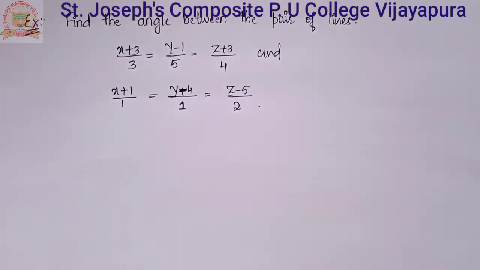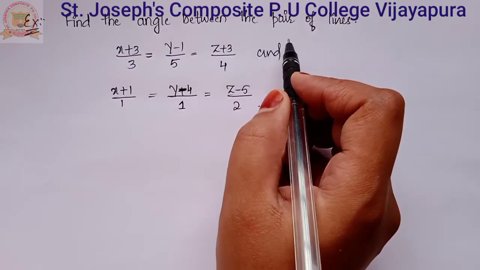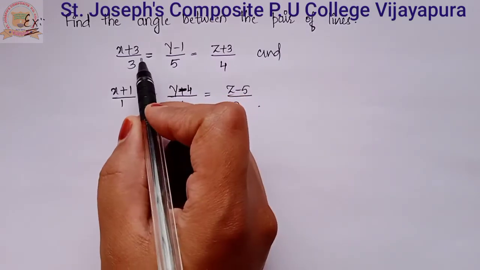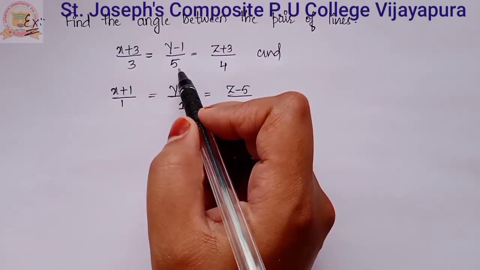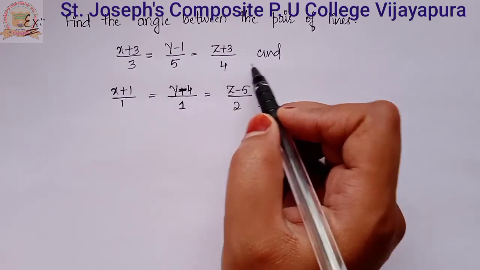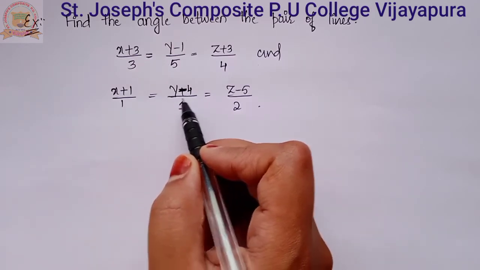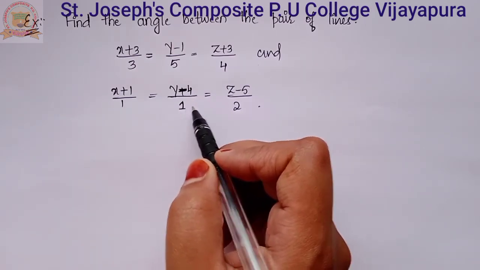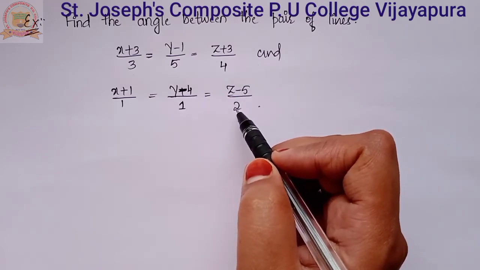The next example is: find the angle between the pair of lines (x plus 3) by 3 is equal to (y minus 1) by 5 is equal to (z plus 3) by 4, and (x plus 1) by 1 is equal to (y minus 4) by 1 is equal to (z minus 5) by 2.